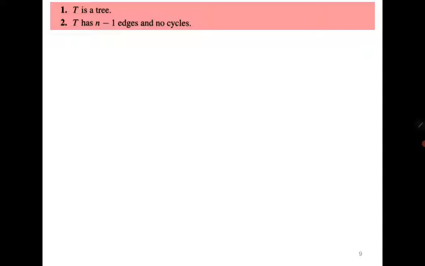So we will take induction on n. n means the number of vertices. So let T be a graph with n vertices. If n is equal to 1, then of course 1 minus 1 is equal to 0 edges. So this is trivial.